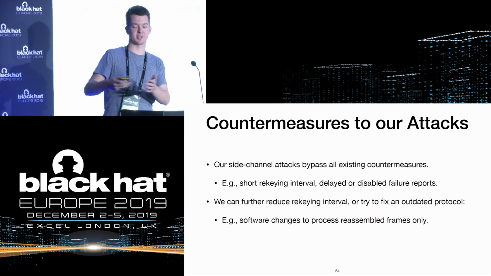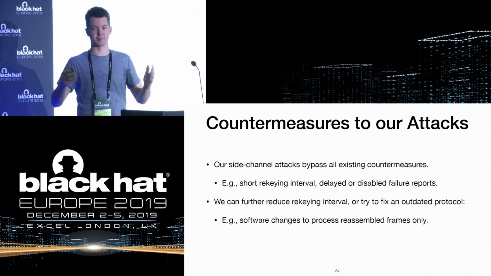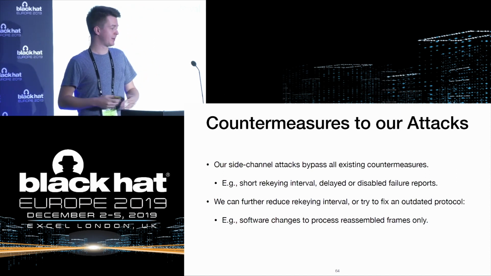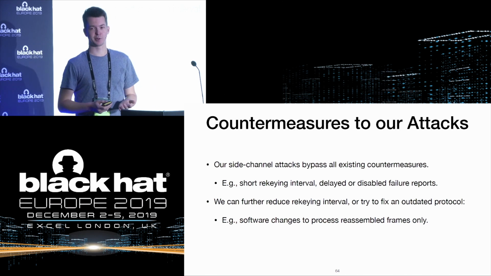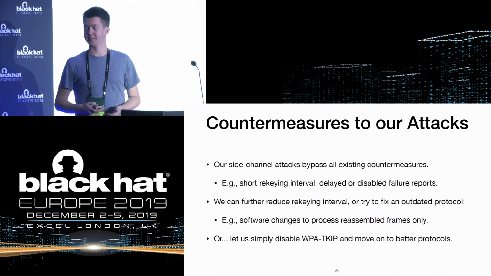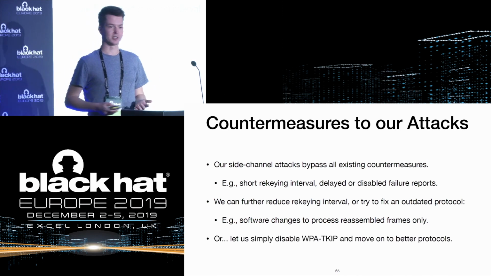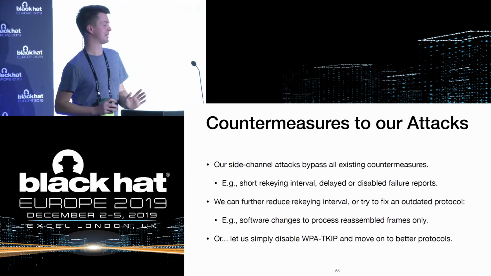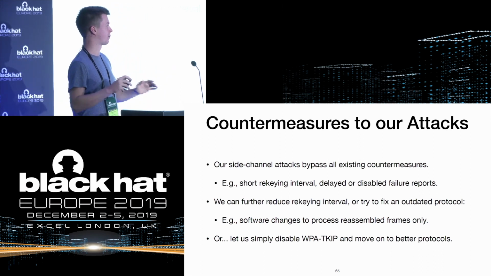So do not process intermediate frames, but only the reassembled parts of them. But that's really fixing an outdated protocol that's already 16 years old, and there's really no point in doing so. We should really just leave it behind and move on to the better protocols that we already have today.